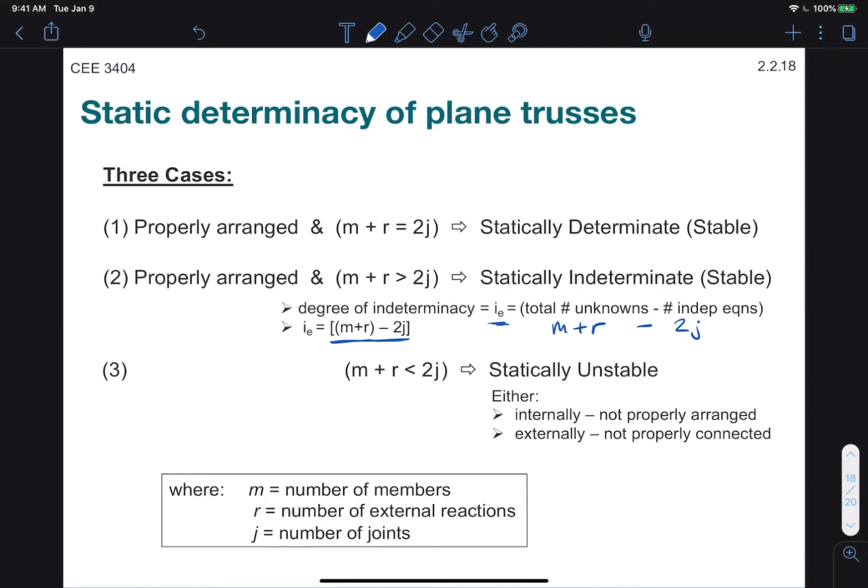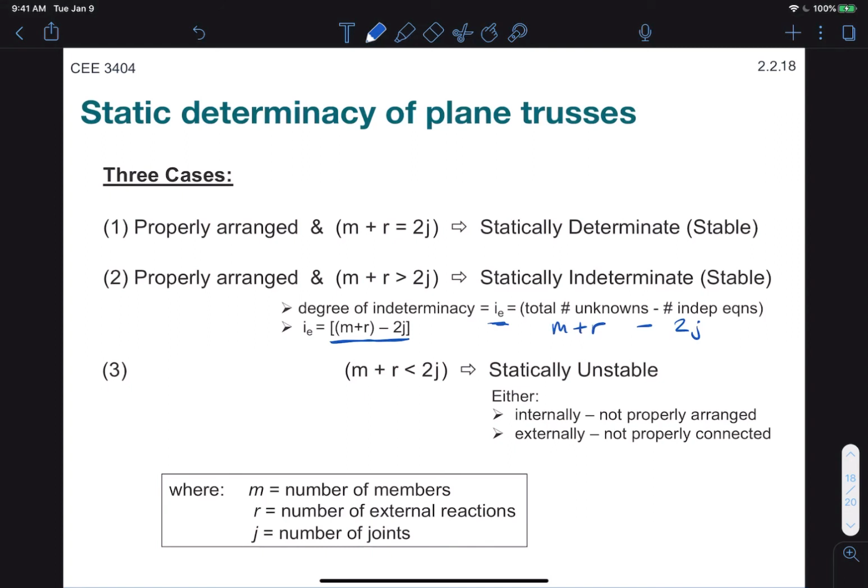Okay, and the third case is where the number of unknowns is less than the number of equations. That indicates that we have an unstable structure. And this could be either due to internal stability, which we discussed, where it's not properly arranged, or external stability, which we haven't discussed, but would essentially mean that it is not properly supported or not properly connected.